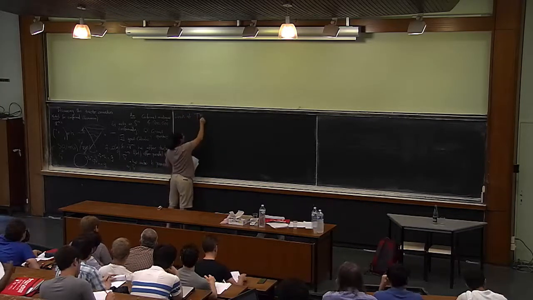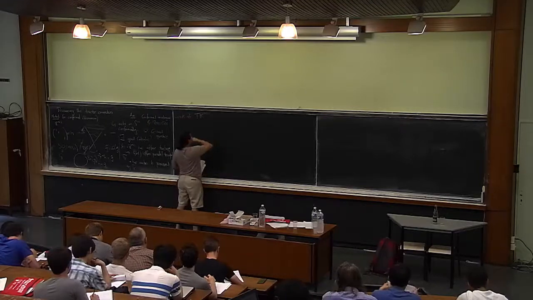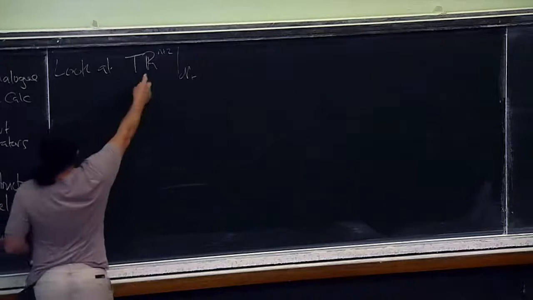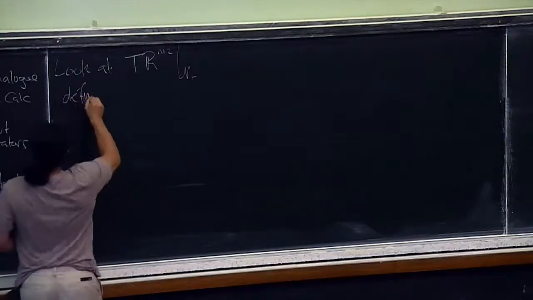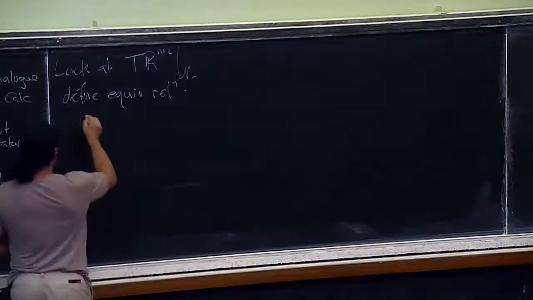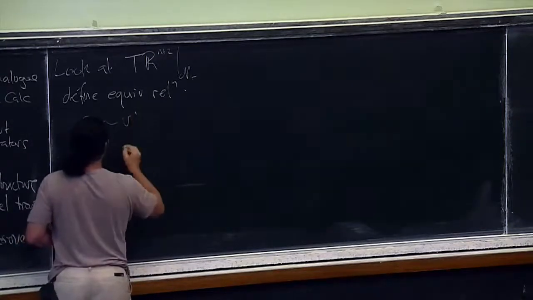So let's take the tangent bundle to Rn plus 2. We're thinking of it as an affine manifold now, and restrict it to this future null cone. Okay, so we have this vector bundle on the null cone, which is just a restriction of the tangent bundle to Rn plus 2. And now I want to define an equivalence relation on elements in here. Which will say that a vector V at P on the null cone is similar to some vector V prime at a point P prime if two things happen.